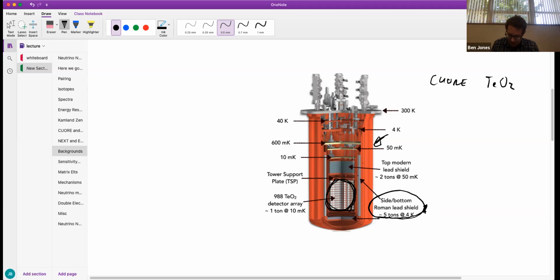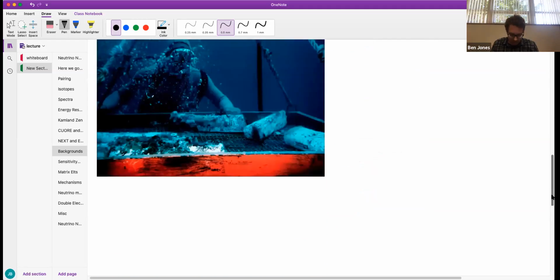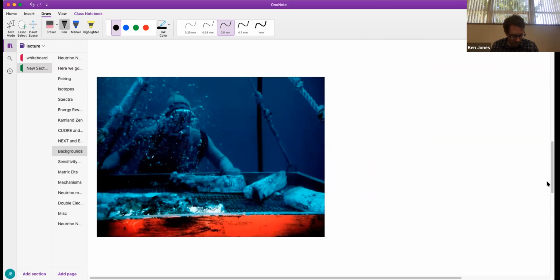What Roman lead is, in fact, this is a picture of them acquiring Roman lead. Roman lead is actually the ballast that was part of an ancient Roman galleon that sank in the Mediterranean Sea 2,000 years ago. And this lead, because it sank with that ship, has been underwater and protected from the radioactivity of cosmic rays for 2,000 years.